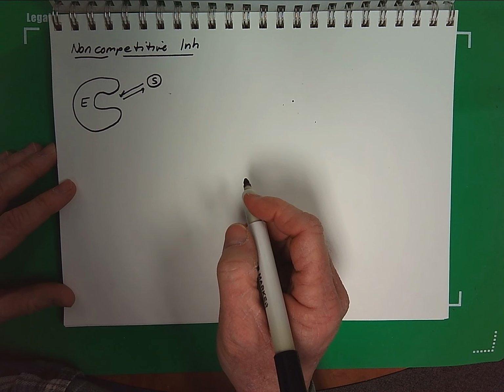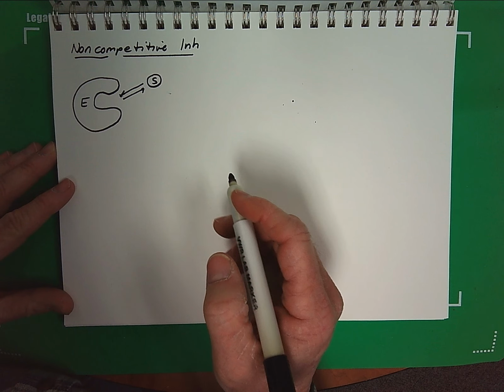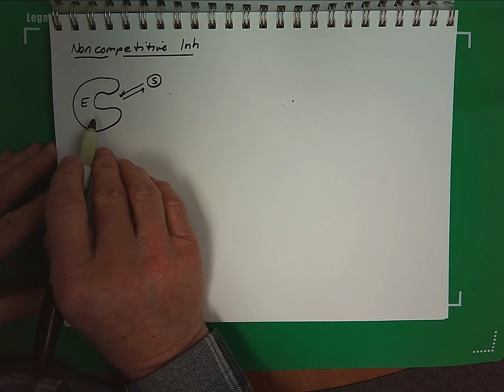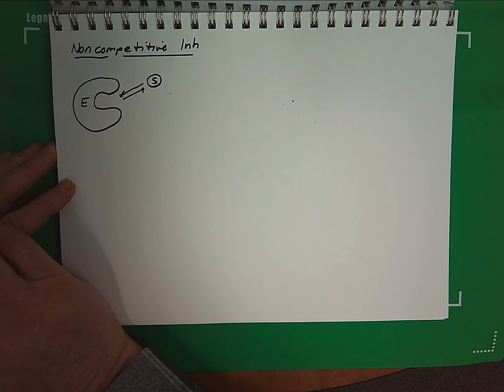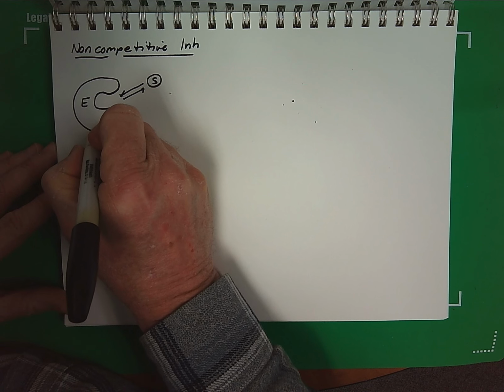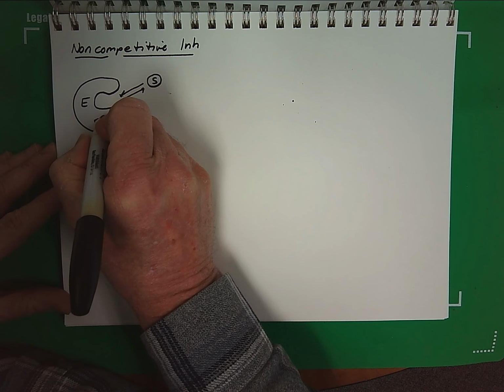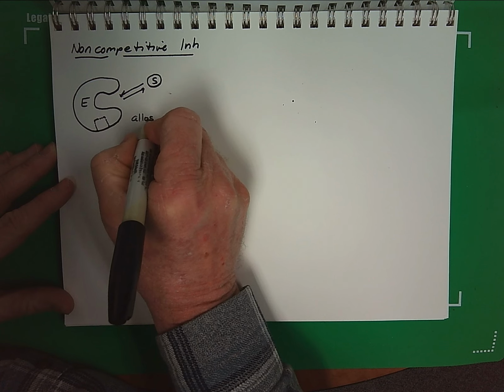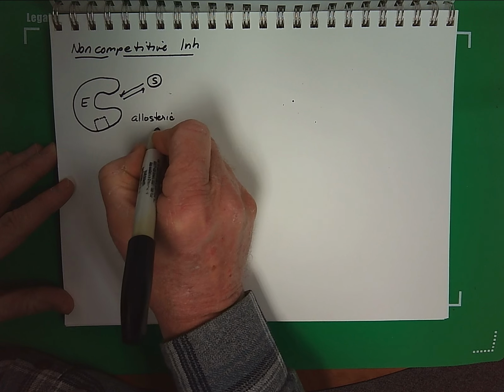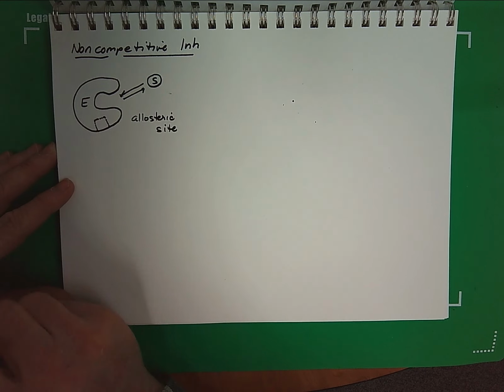Now, what a non-competitive inhibitor is going to do is adjust and affect the enzyme activity without competing for the substrate. So what that typically means is that now there is what's called an allosteric site on the enzyme.